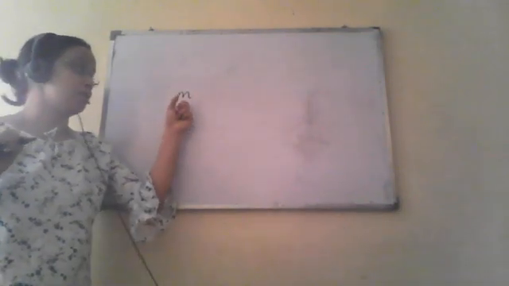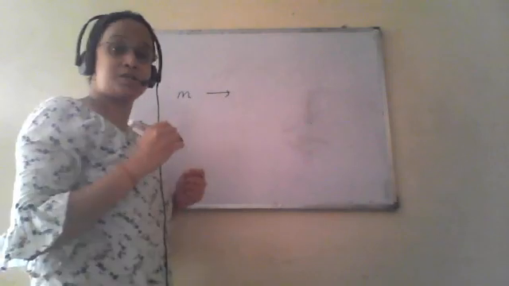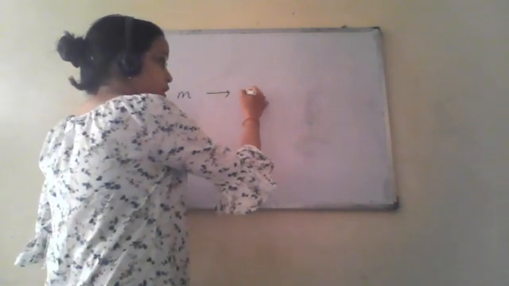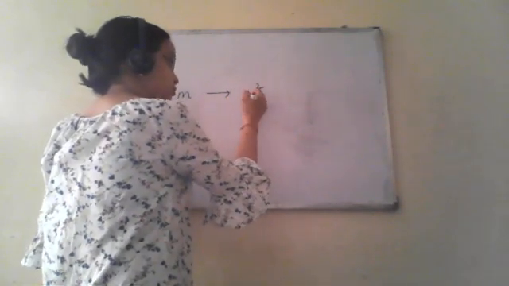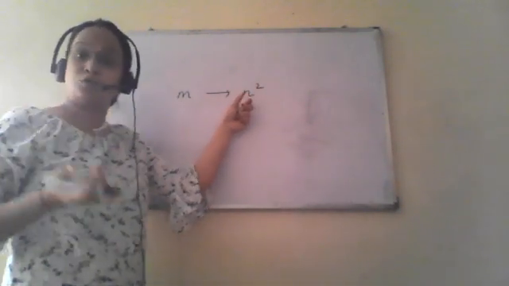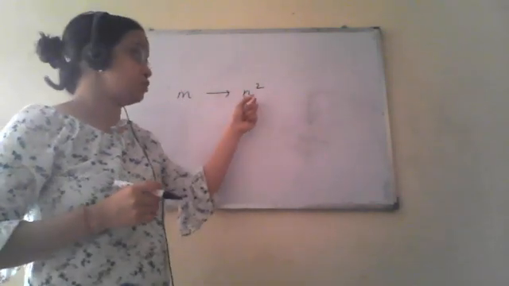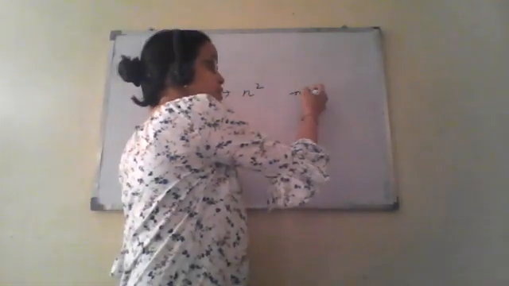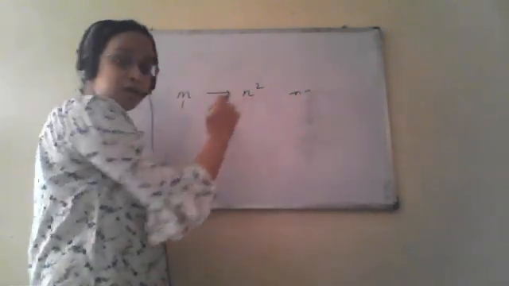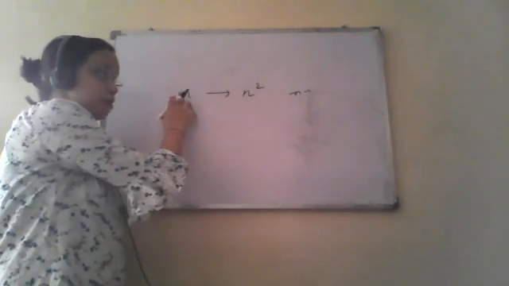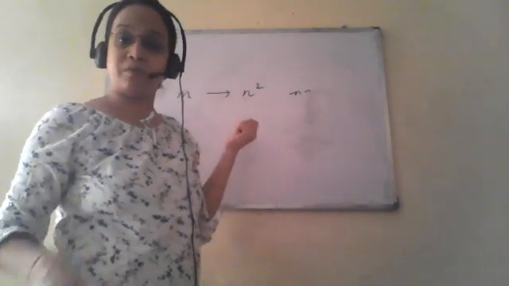If it can be expressed in the form n squared, and this n also has to be a natural number, not a decimal, fraction or rational number, then in this case both m and n are natural numbers, and m is called a square number or a perfect square number.